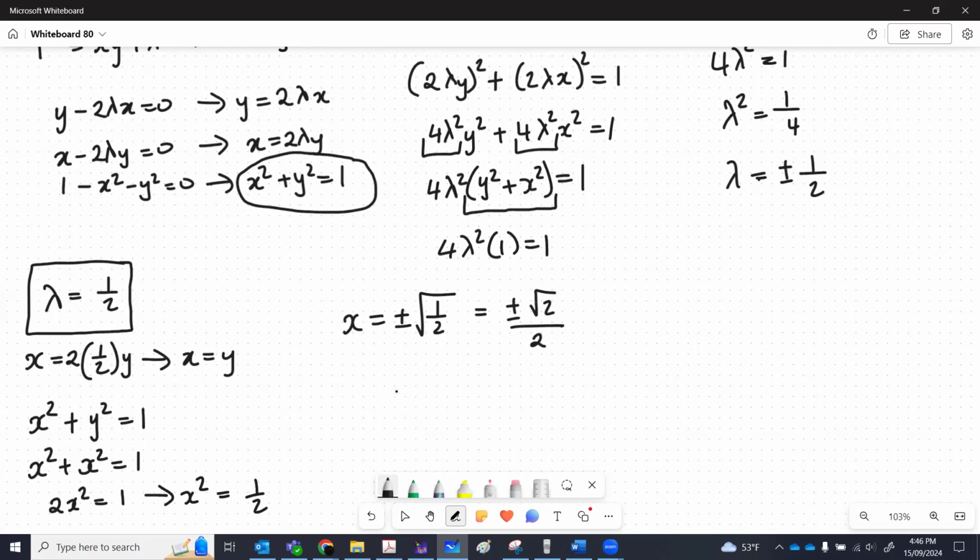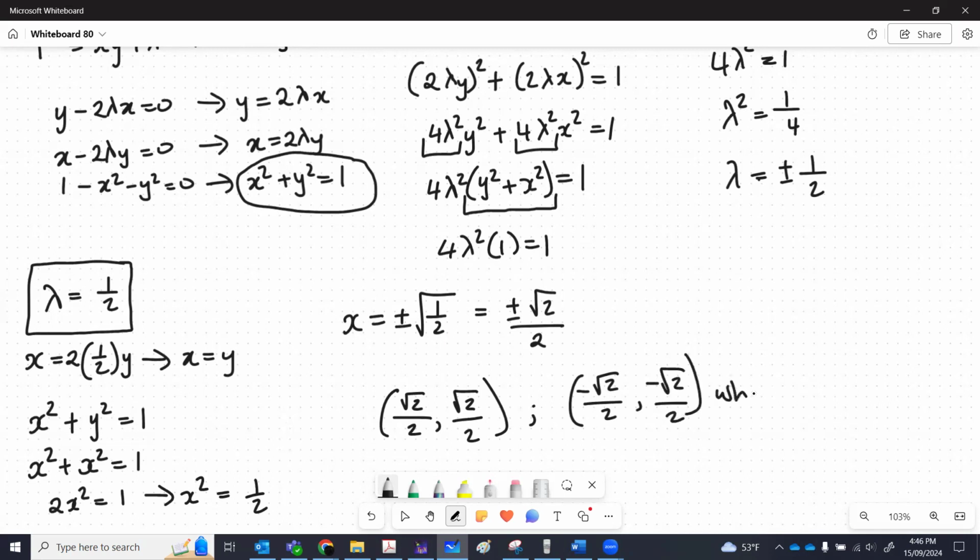So one critical point would be, let's say, square root of 2 over 2, and this is x, but now x is equal to y, so we have square root of 2 over 2, and another one is negative square root of 2 over 2, and negative square root of 2 over 2, and this is when lambda is equal to a half.